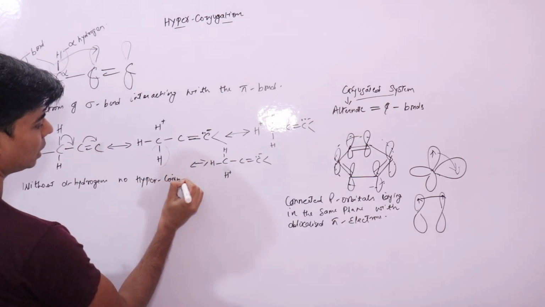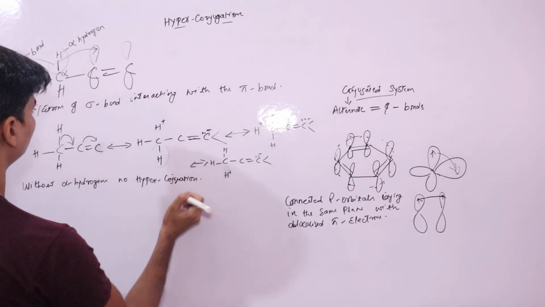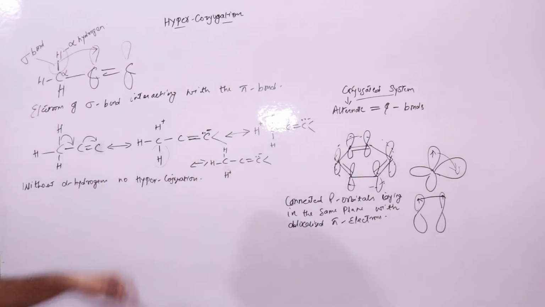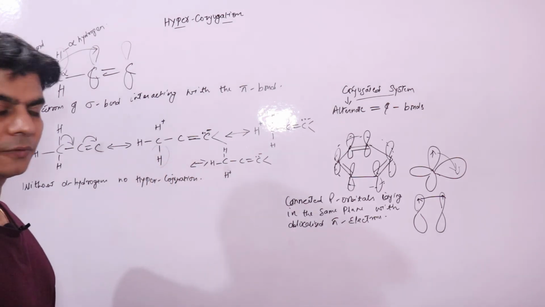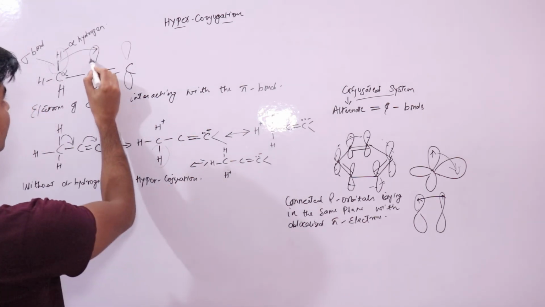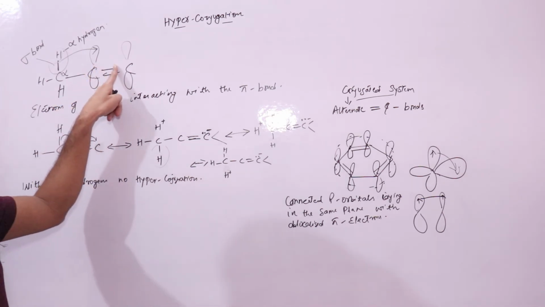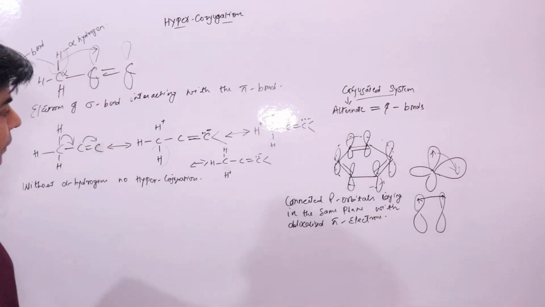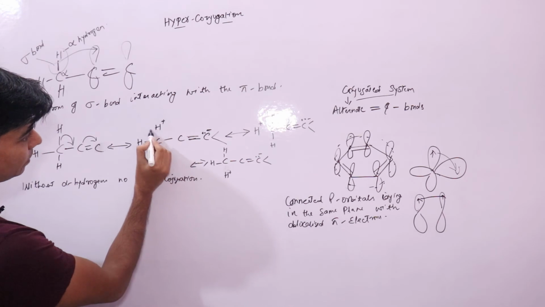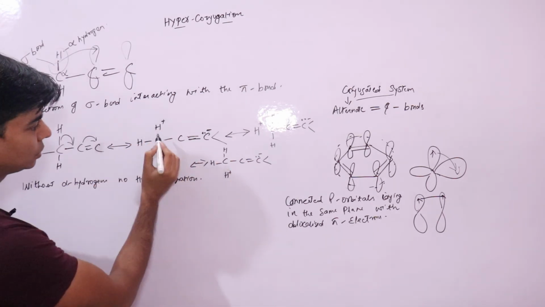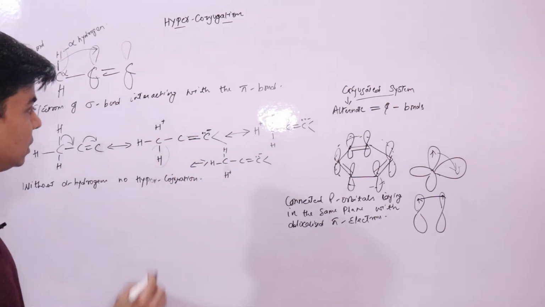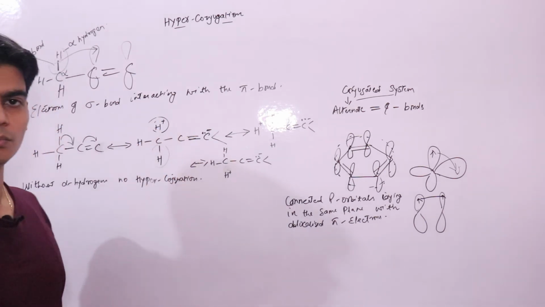Now the other most important thing about hyperconjugation: you can see that this hydrogen atom, where the sigma electrons have delocalized into the p orbital of the adjacent pi bond, has developed a positive charge because there is no bond. Since electrons have moved, there is no bond, but still this hydrogen is not free to move.